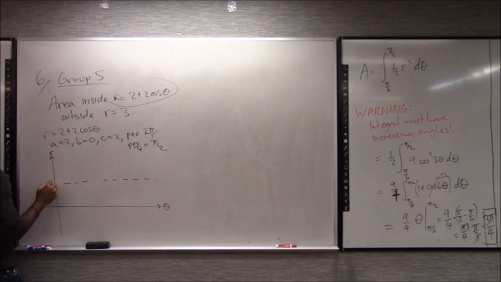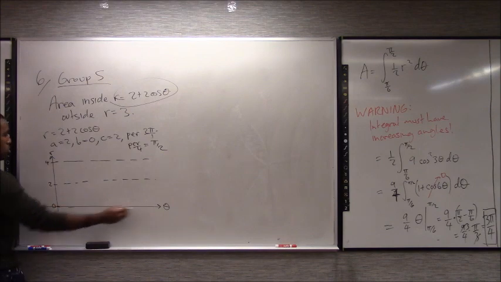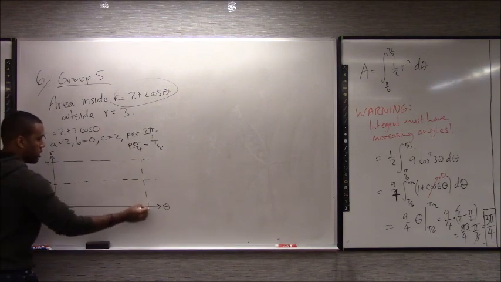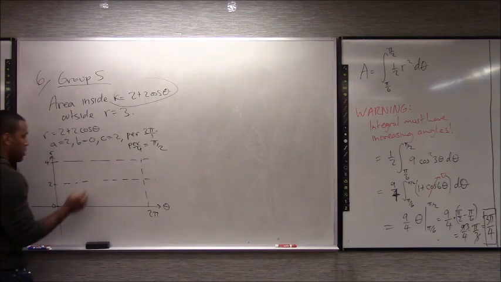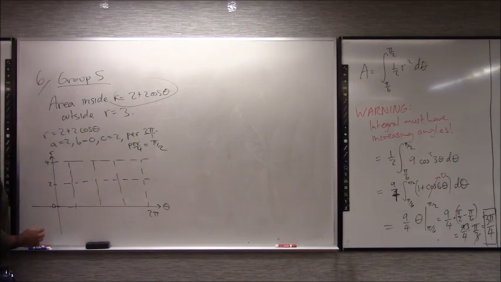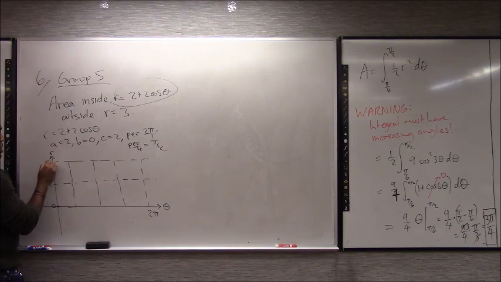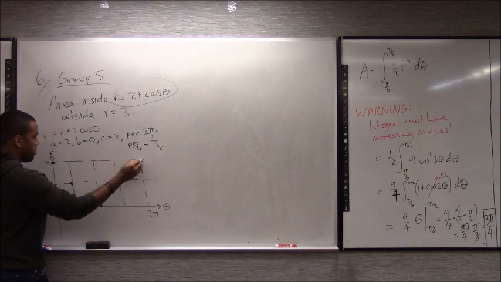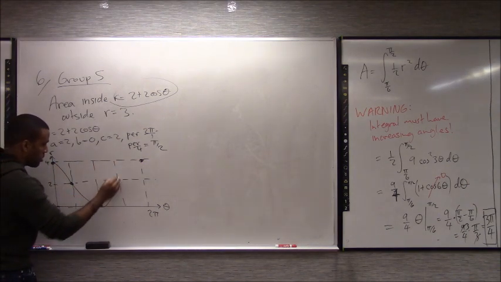And we go up by 2 to 4. We go down by 2 to 0. And we just have a regular 0 to 2 pi graph. It's in 4 sections. And we have a regular positive cosine. So it's the top, the middle, the bottom, the middle, the top. That's our graph here.